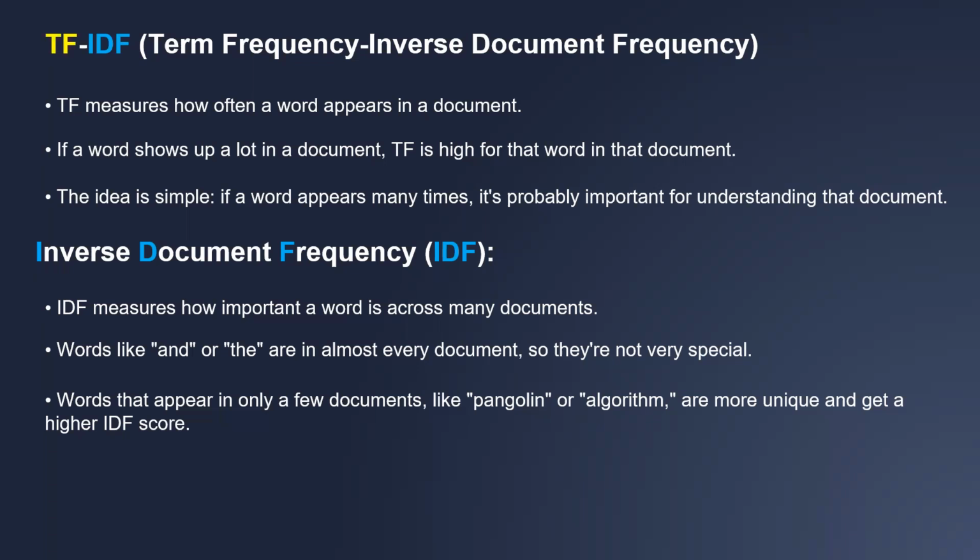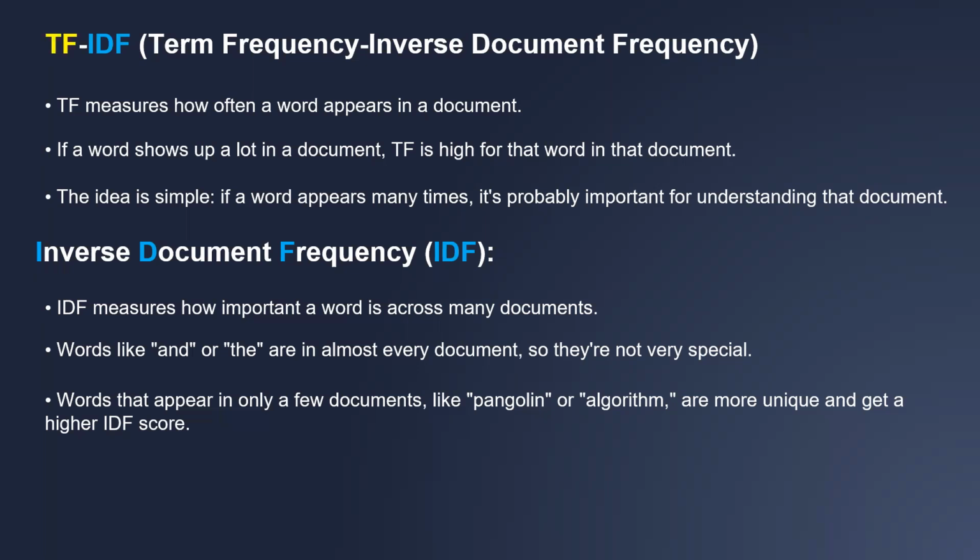And similarly, IDF, which is inverse document frequency, measures how important a word is across many documents. You can see words like 'and', 'the', or maybe some other words. These kinds of words are present in almost every document, and they are not special for us.